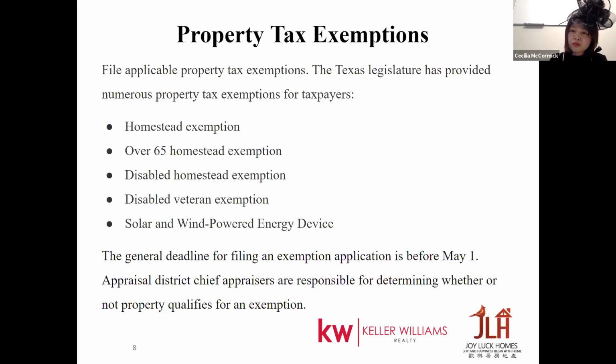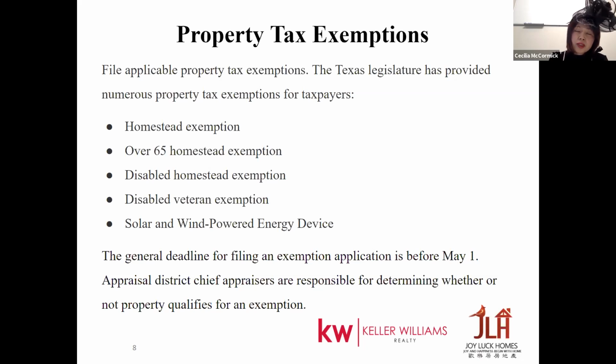So if I didn't file it by May 1st, 2019, I can file it for 2020 before May 1st, and I will claim back what I missed in 2019. And you can do that by mailing the homestead exemption form. You can download it from each central appraisal district. It's a free form. You can mail it to the central appraisal district, or drop it off during office hours.